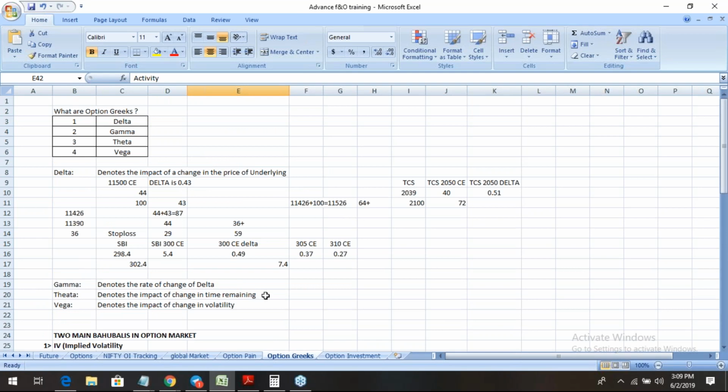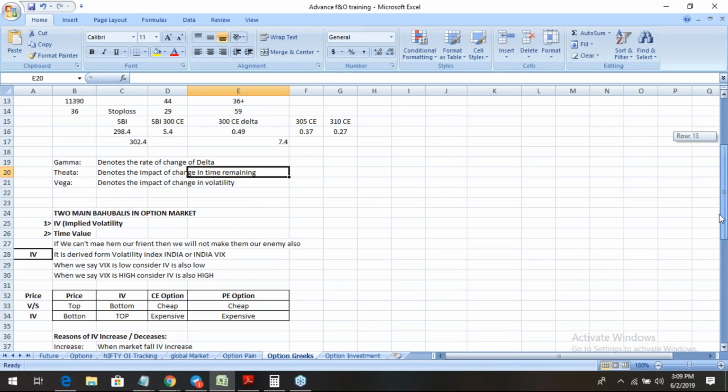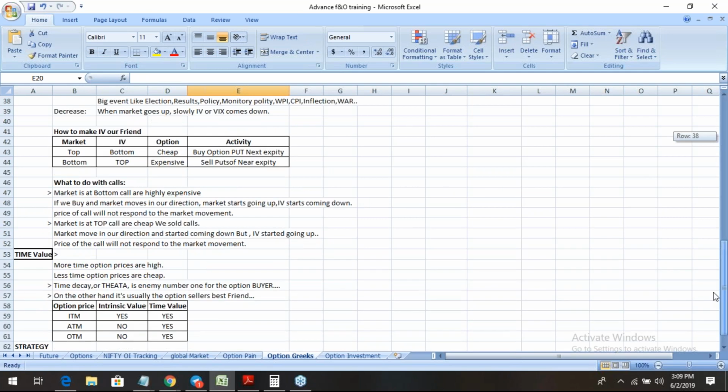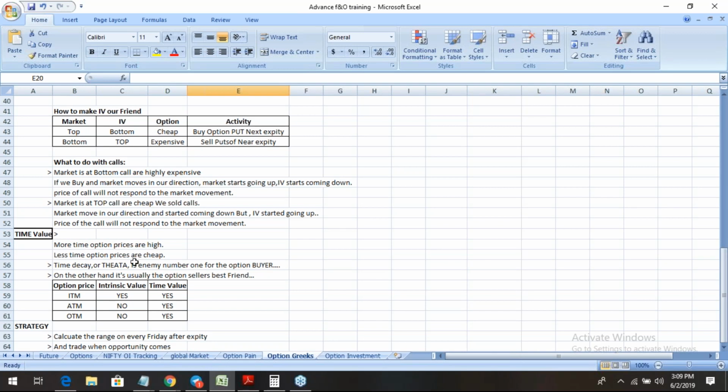Right? Good answer. Theta shows us time decay, how much time is remaining.